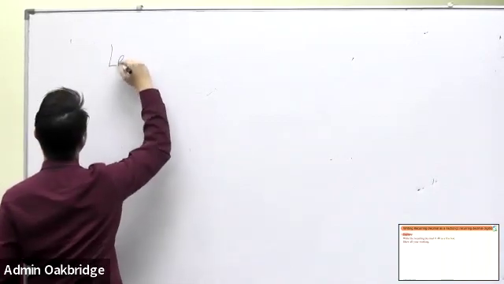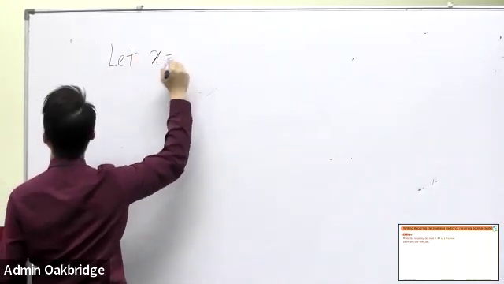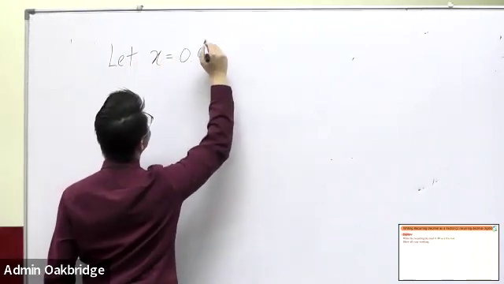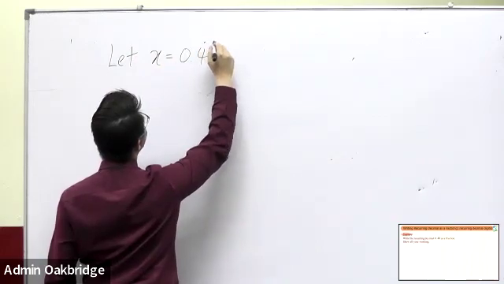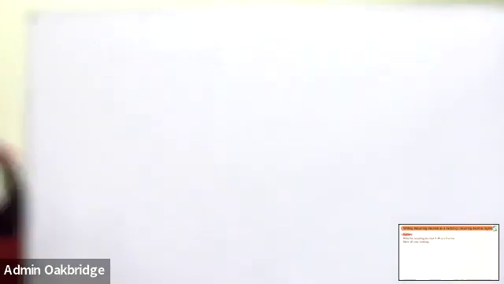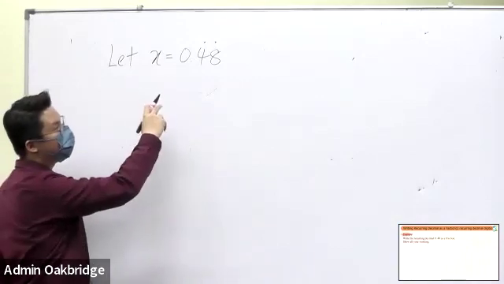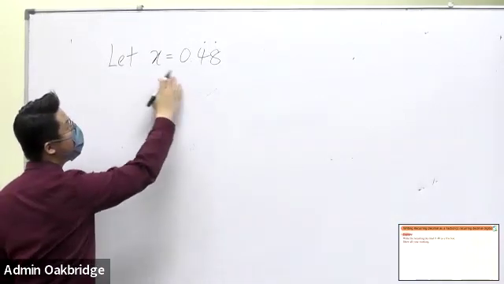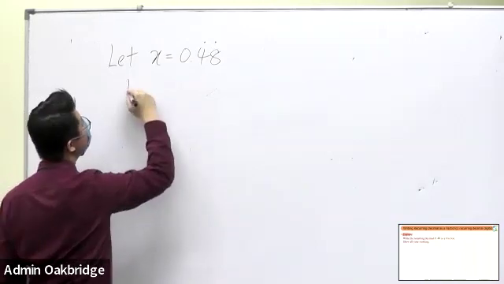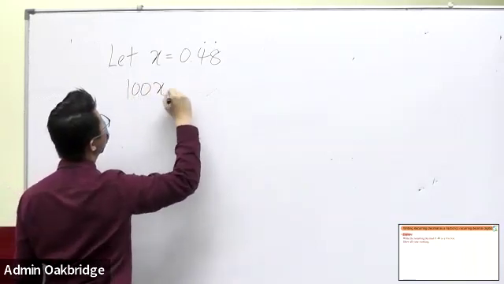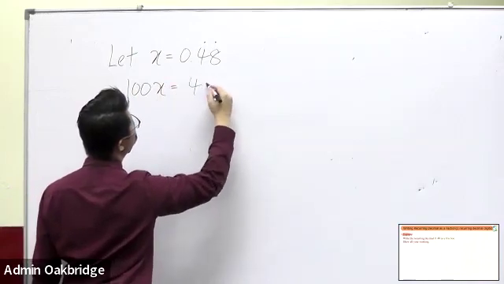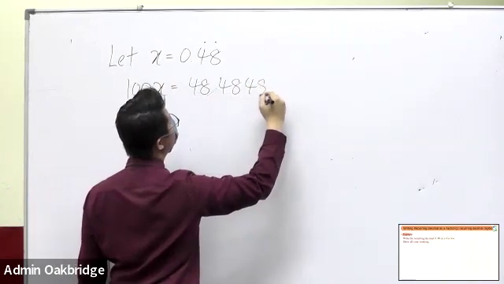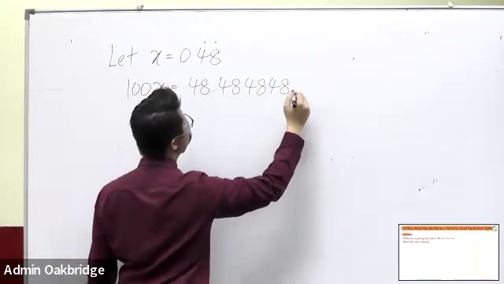So we let x equal 0.48, with a double dot here. Since these are 2 recurring decimal digits, 48, 48, 48, you have to times this equation by 100. So it becomes 48.48, 48, 48, and so on.